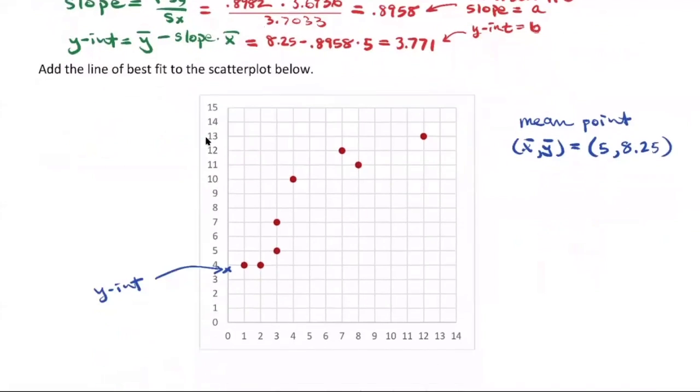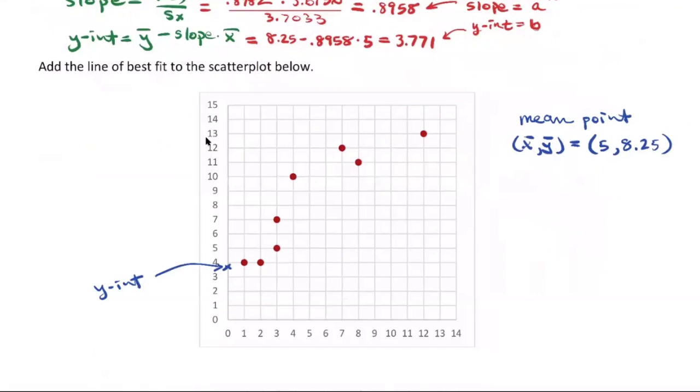Okay, so you just graph that. 5, 8.25 is going to be about here, I think. Remember, the mean point is always on the line. Okay, now this is easy.